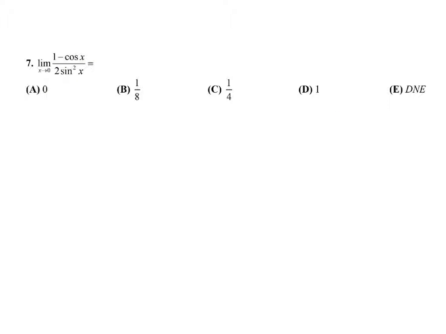Right, number 7, again, substituting in that 0, it looks like that's going to lead us to 0 over 0, and so we need L'Hopital's rule. And so our limit as x approaches 0, on top we're going to have positive sine x because of this negative that was already there, and then on bottom, remember that 2 is on the trig function, so we have chain rule here.